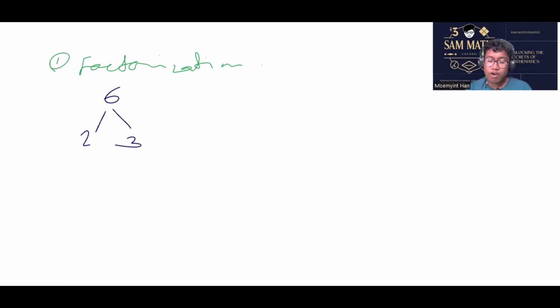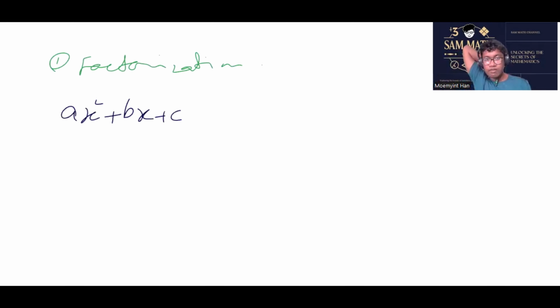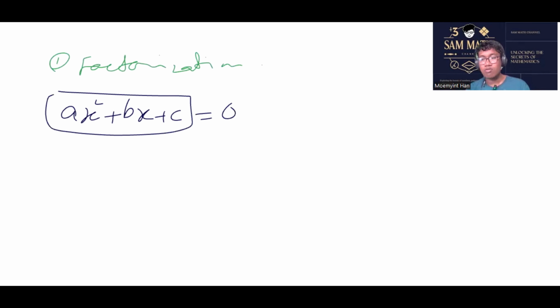Before getting into factorization, we have talked about the quadratic equation. It exists in the form of ax squared plus bx plus c. When we want to solve an equation, especially by factorization, we make the whole equation equal to 0. If it doesn't equal 0, we make it equal to 0, because it's easier for us to solve the problem.